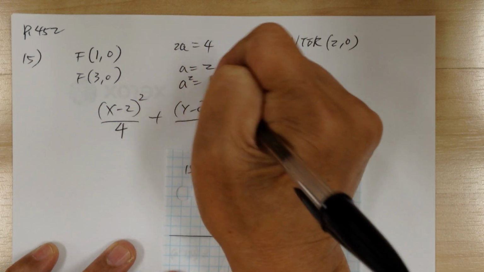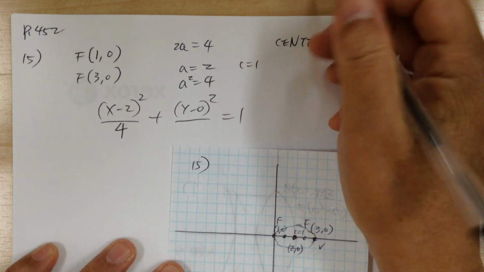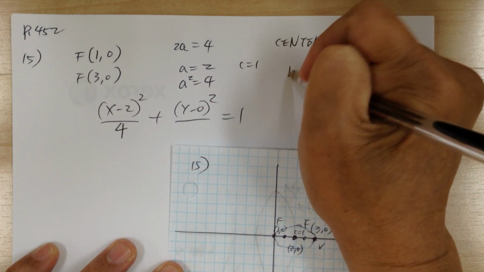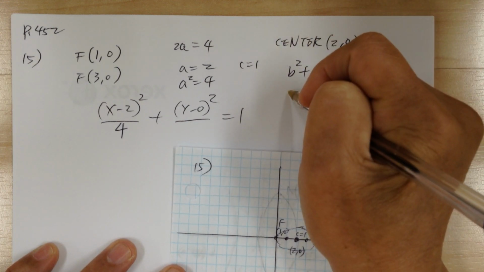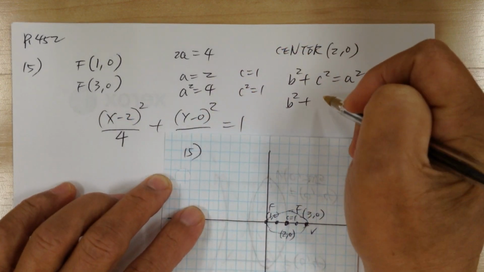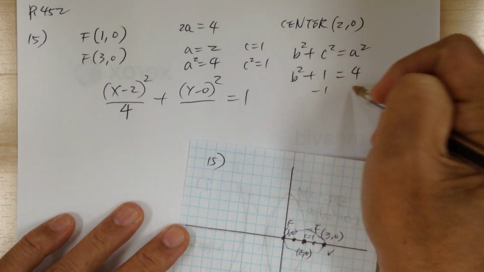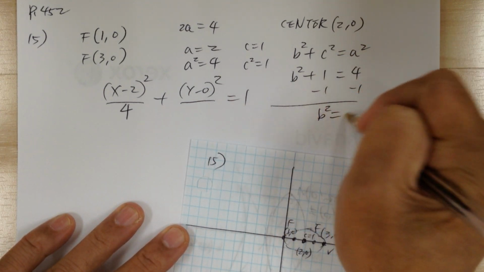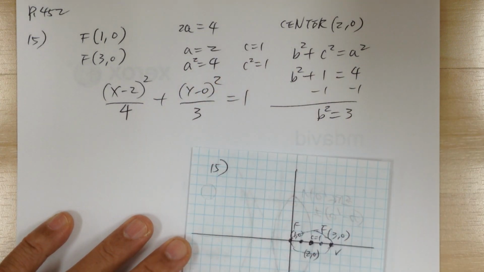So a squared equal to 4, and that goes under here. Now we have to get your Pythagorean equation, right? So you got b squared plus c squared equal to a squared. So b squared plus, c equal to 1, so c squared equal to 1 also. And a squared equal to 4. So minus 1 on both sides. So b squared equal to 3. And so that goes under here.